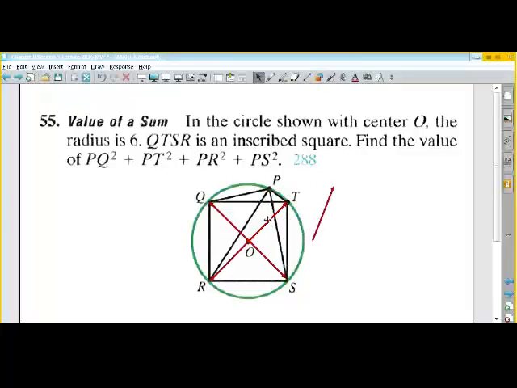I don't remember how to do this, so I'm going to have to think about it for a second. What I'm trying to decide is, are there any right triangles? This is an inscribed square.